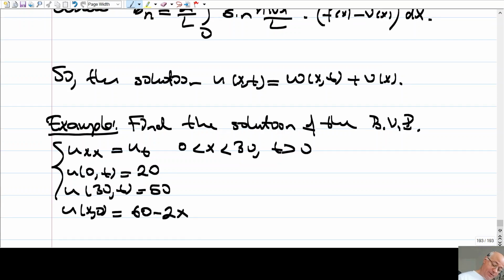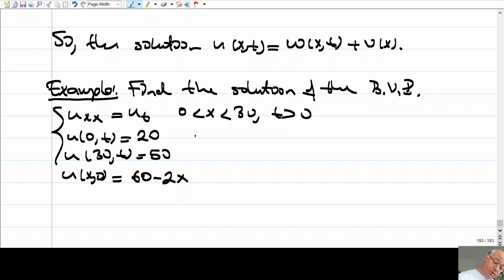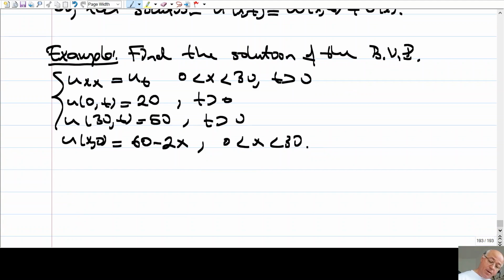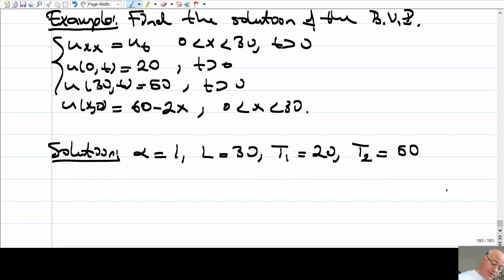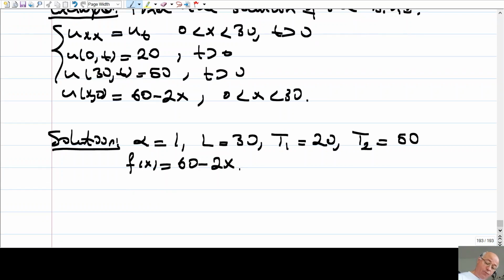Here t is positive, and x is between 0 and L. Now this is a heat equation problem. Alpha is just 1, L is 30, T1 is 20, T2 is 50, and f of x, the initial temperature distribution, is this. All right, we will just write down all the expressions we have computed above for this.